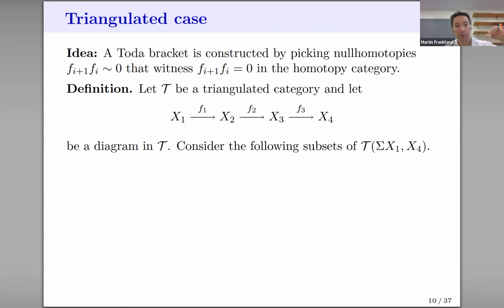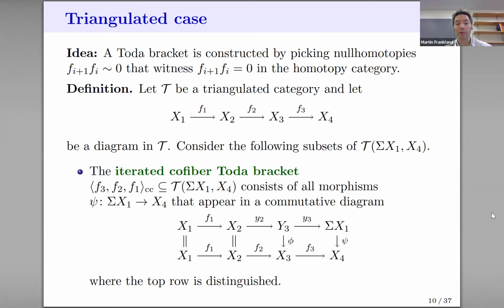I'm recycling the notation or terminology from one of my previous papers with Dan Christensen. So here are different constructions of the Toda bracket. You can focus your whole attention on the first map, extend it to a distinguished triangle, and then you witness the fact that F1 and F2 compose to 0 in the homotopy category by choosing an extension to the cofiber of F1.